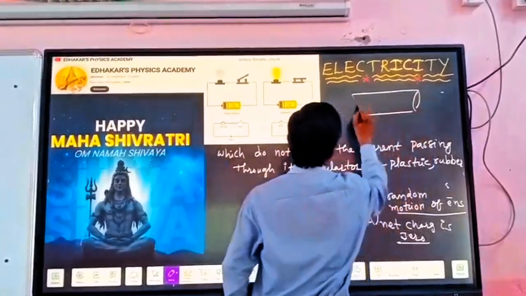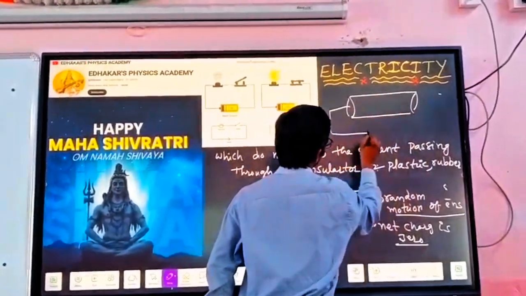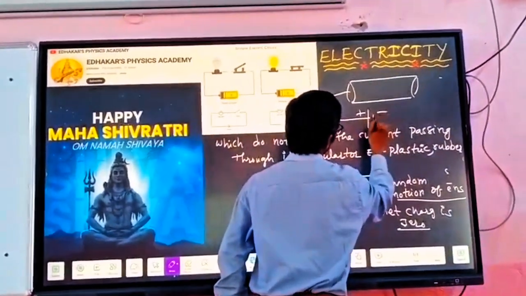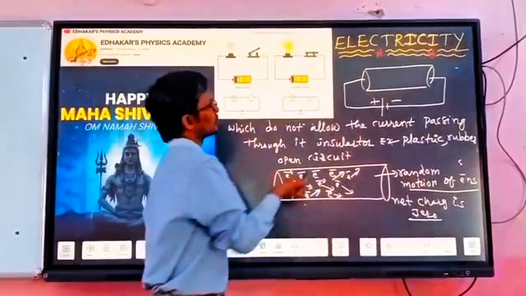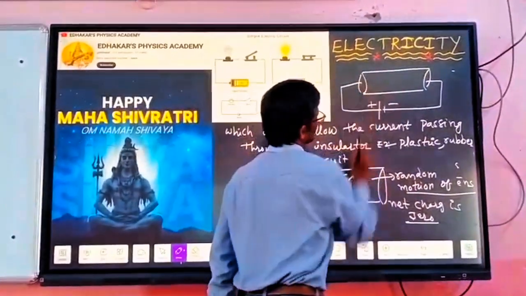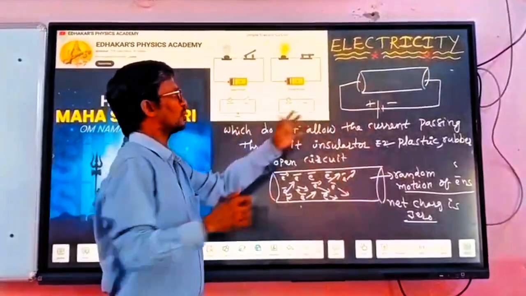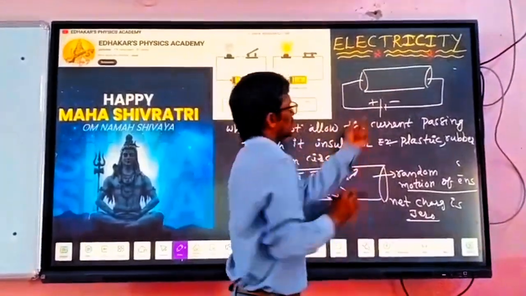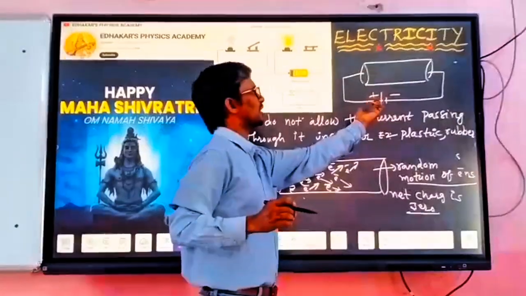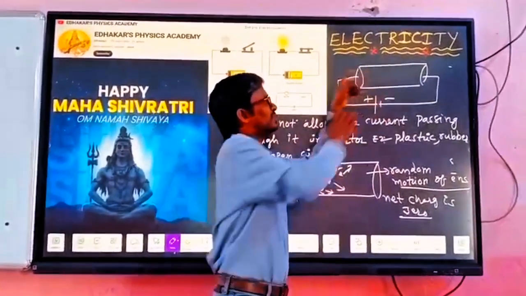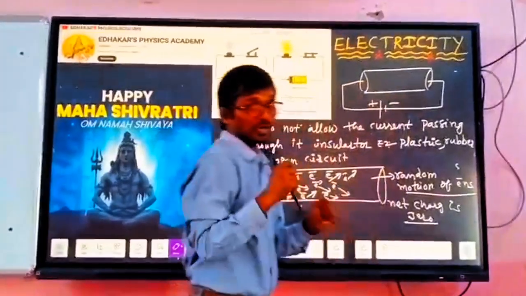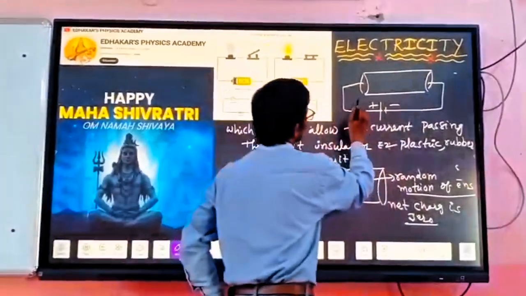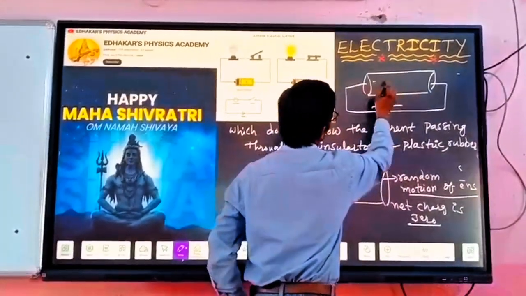When we connect the conductor, some potential is developing between the two terminals of the cell. Due to this potential, some electric field force is developing.